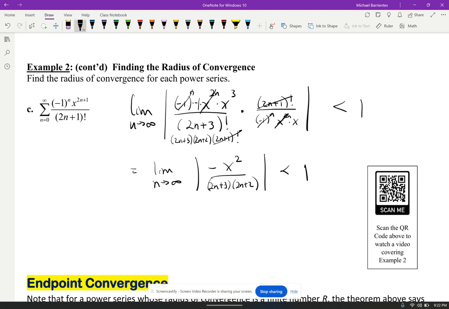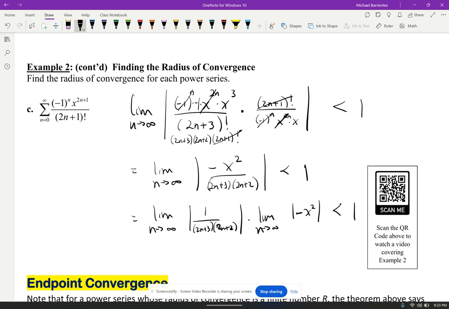So for what x values will this limit be less than 1? Well, the limit does not affect the negative x squared. So I can split it up and say this is really the limit of everything with an n, 2n plus 2, times the limit as n approaches infinity of everything that's not n.